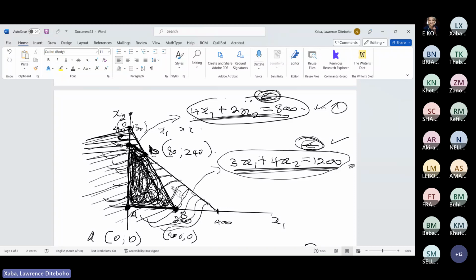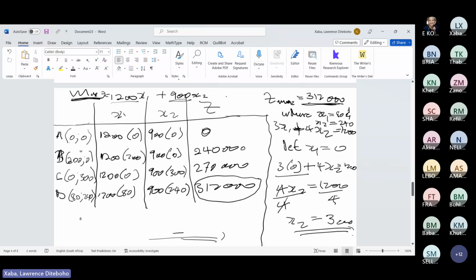And we took the coordinates of those 4 corners: (0, 0), (200, 0), (0, 300), and (80, 240). We substitute the values in our objective function, whereby we want to find the maximum value. The values that we got are 0, 240,000, 270,000, and 312,000. So the maximum value here is this, and it means this is our profit.